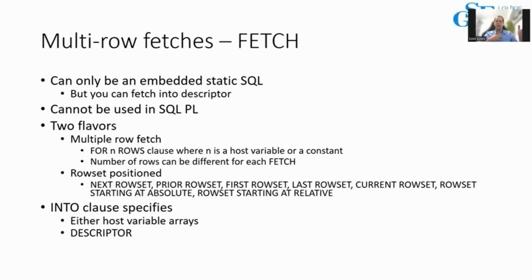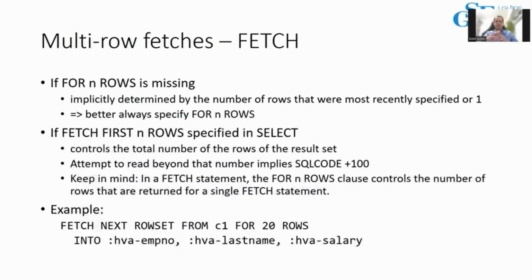If you have scrollable cursors, you can take the next row set, which is the default. I believe you can go to the prior row set, and so on. You have absolute and relative positioning. In the fetch statement, you have the INTO clause that specifies either the host variable arrays or, as I mentioned, the descriptor, the SQL DA structure.